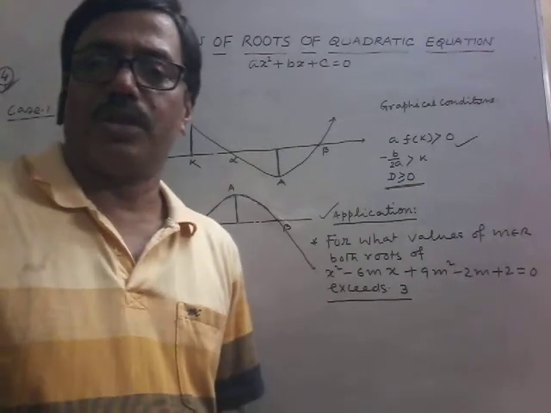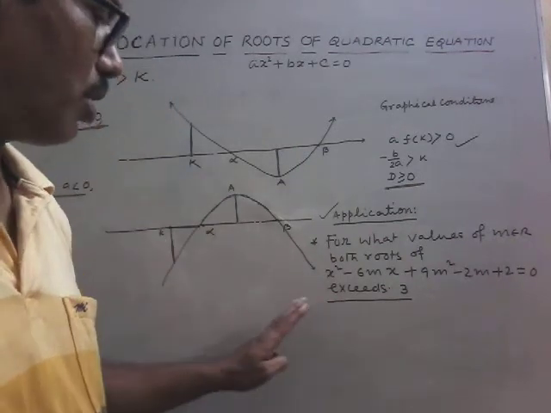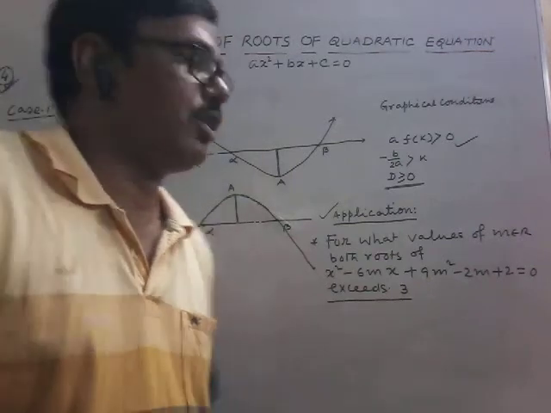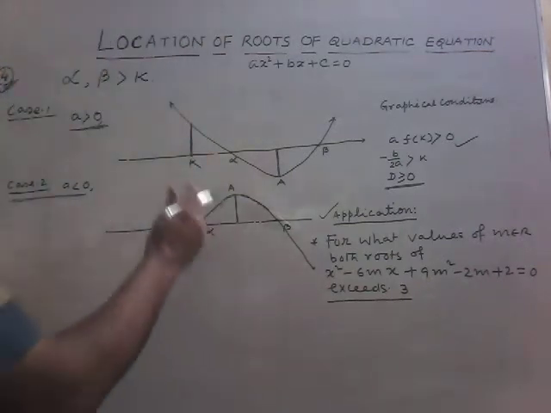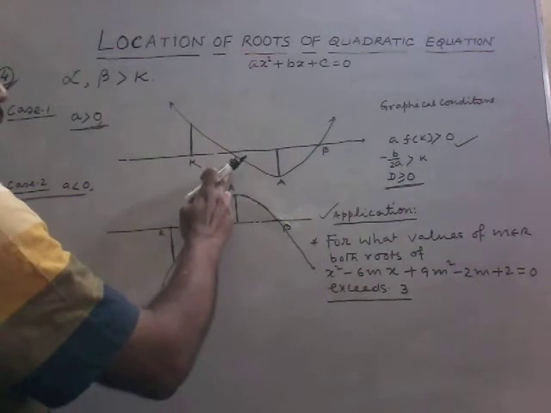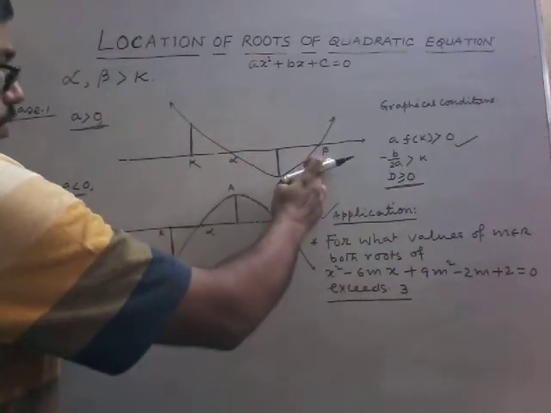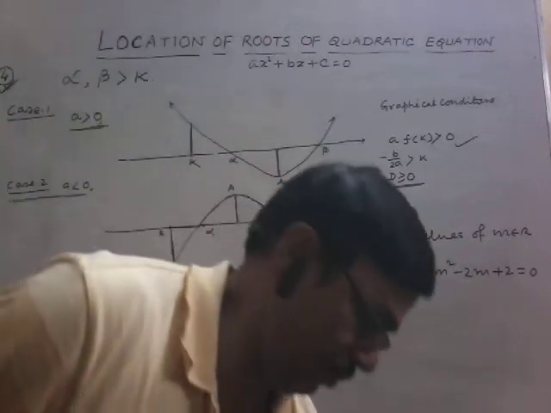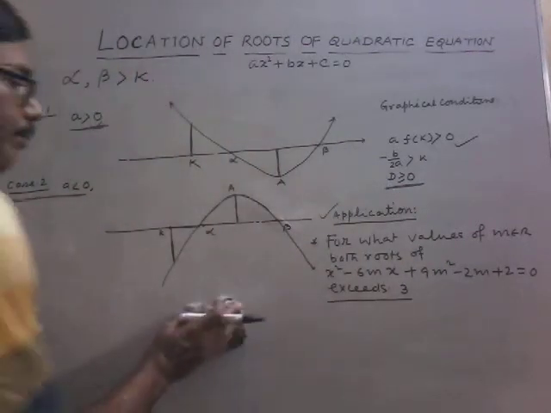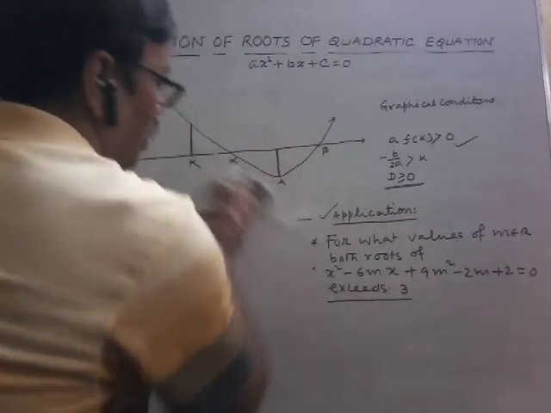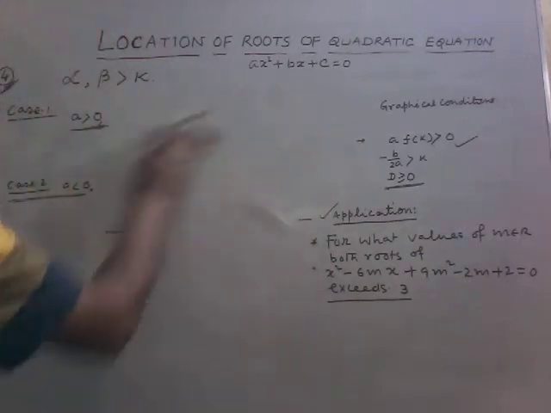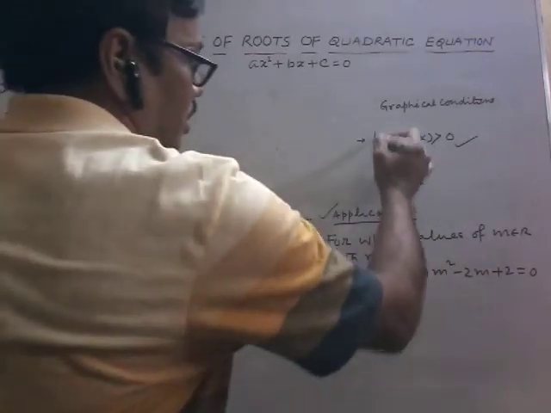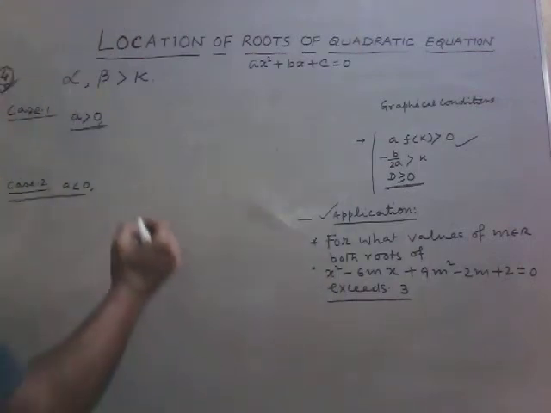This means both the roots are greater than 3. So look, this one is 3. So what are our conditions? The conditions are these three.